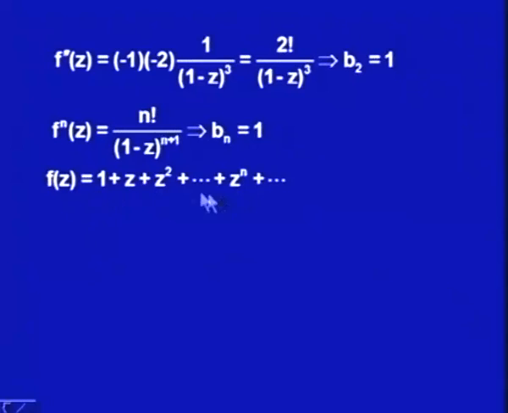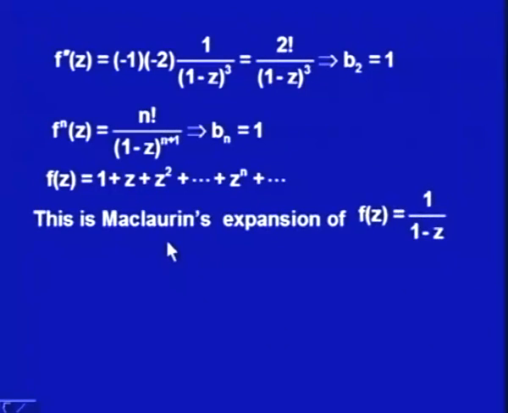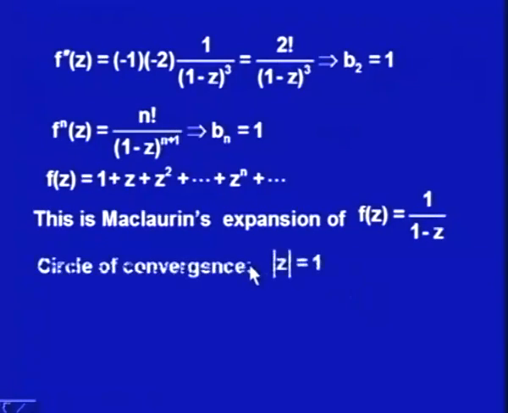Its Taylor series is 1 plus z plus z square plus z raised to power n and so on. This series, which we expand in powers of z, that means the center is 0, is called the Maclaurin expansion or Maclaurin series for the function f(z) is equal to 1 over 1 minus z.